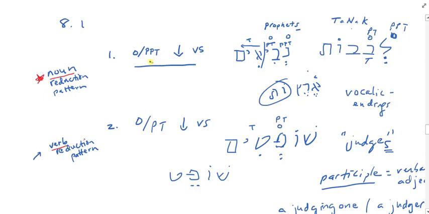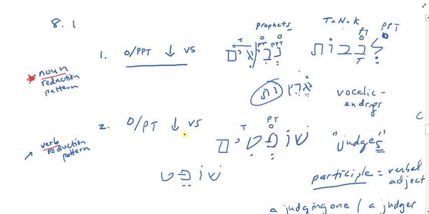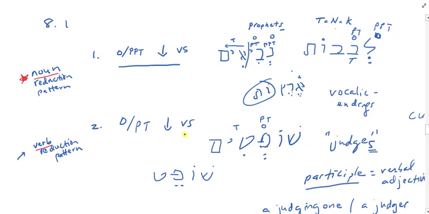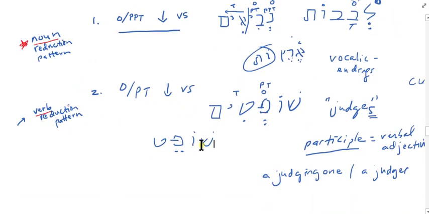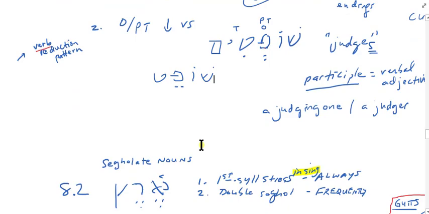Am I going to get reduction to vocal shiva in open propretonic syllables or in open pretonic syllables? The answer is, if you're dealing with nouns, you're going to be looking for open propretonic reduction to vocal shiva. When you start looking at verbs, verbs are going to be the ones that do the second thing. Okay? So I think it's a little bit tricky and difficult for him to throw that in there for you, but he did anyway. So I just wanted to maybe make that a little clearer.